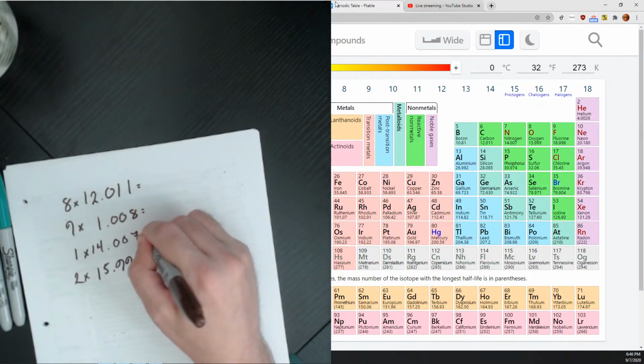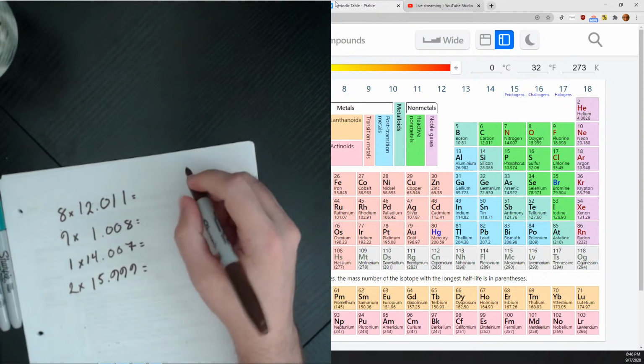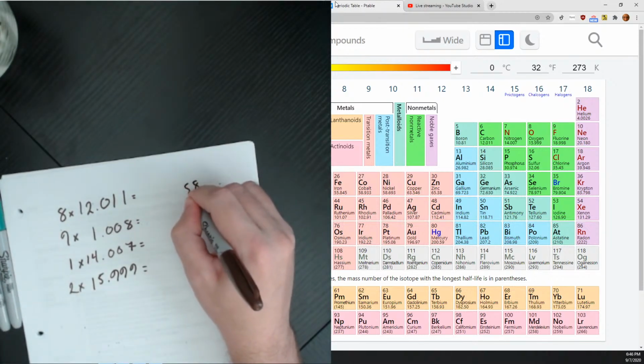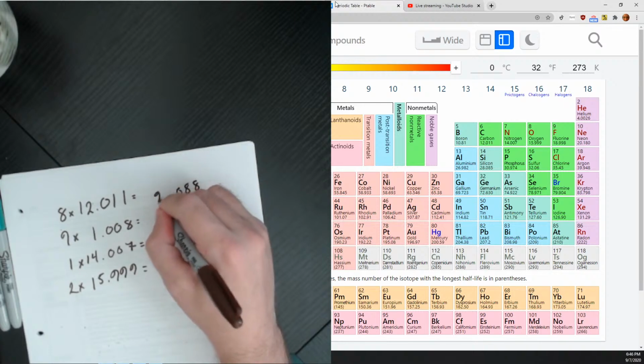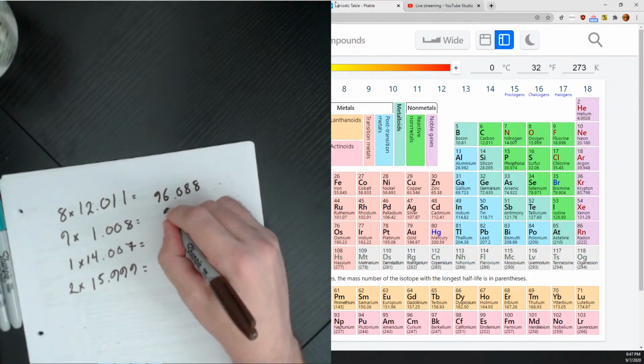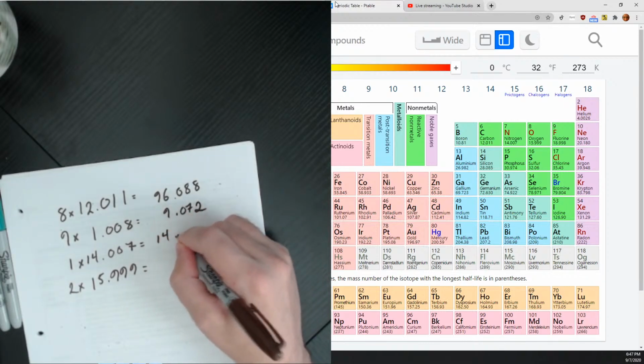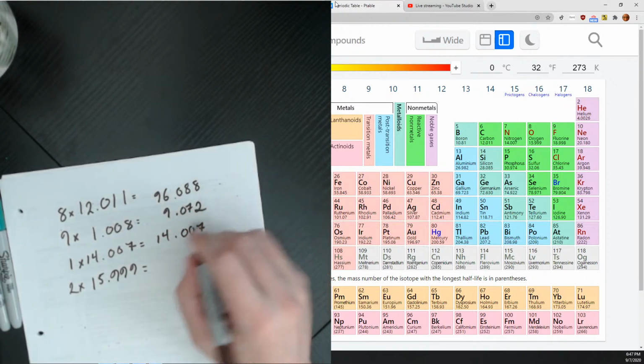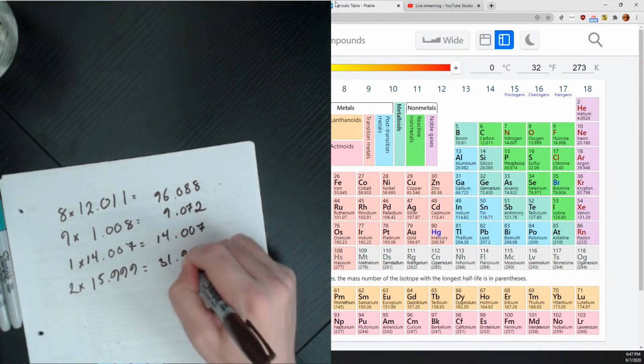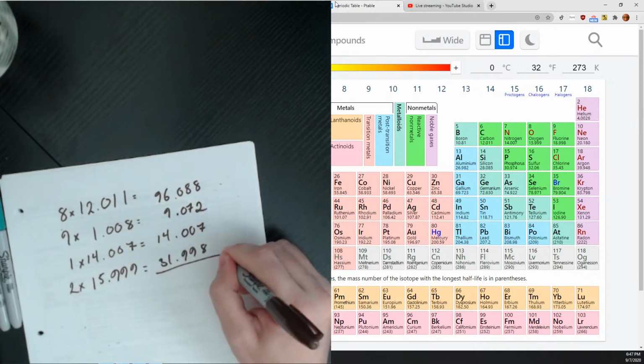So we're going to have to do a scotch of multiplication. 96.088, 9.072, 14.007, 31.998.